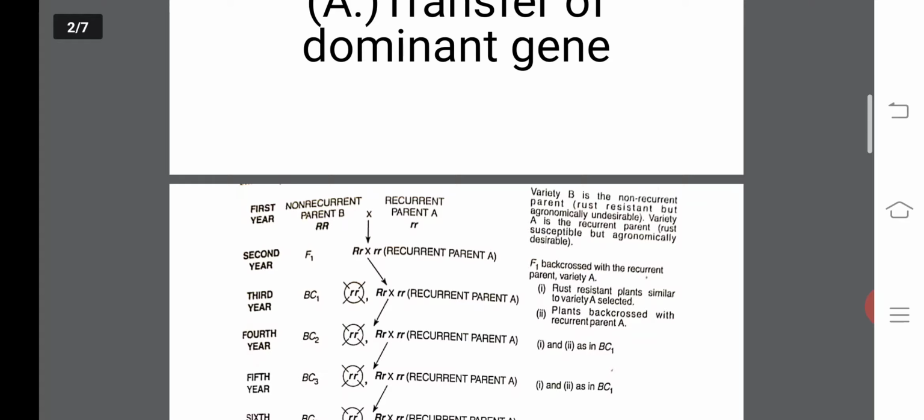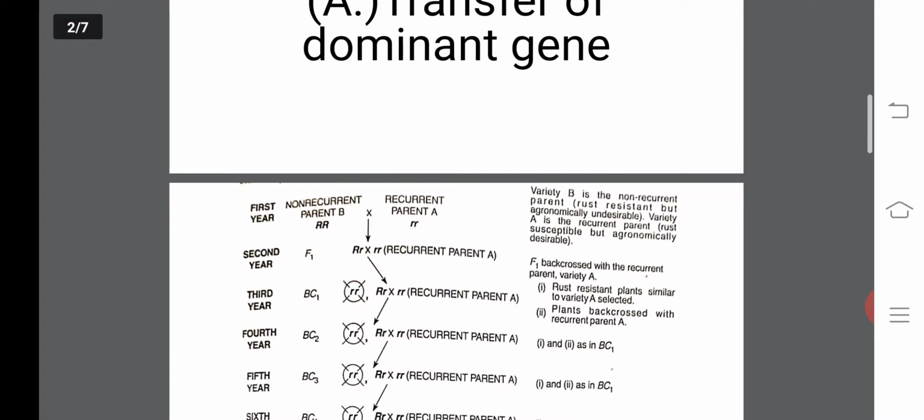In the ninth year, individual plant progeny are grown and selected for rust resistance and the plant type of A. In the 10th year, individual plant progeny are grown, and homozygous progeny similar to the recurrent parent A are harvested and bulked.